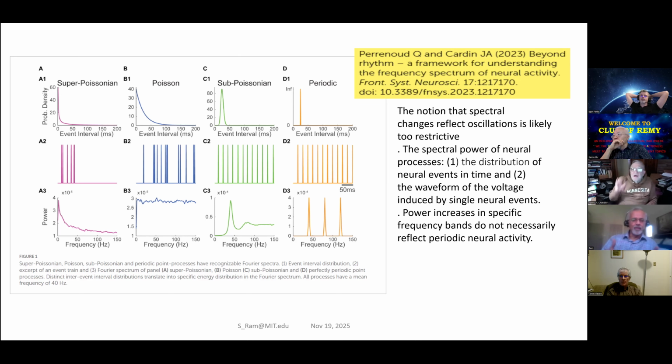Okay. Yes, I agree, and that was the point of my pointing this out. That it is without the capabilities of summing up the inputs. Yes. At each of the synapses. Yes.